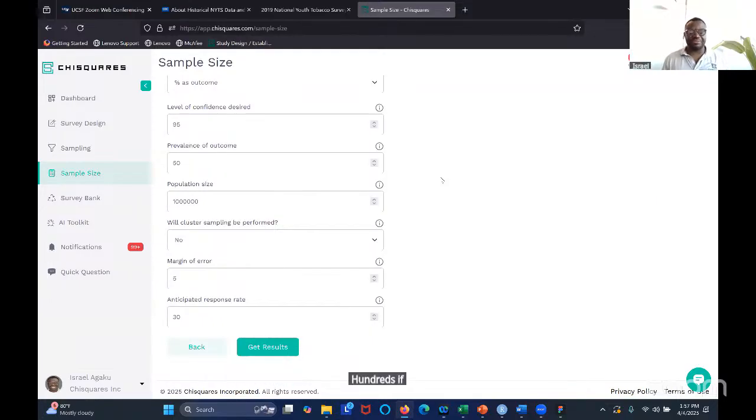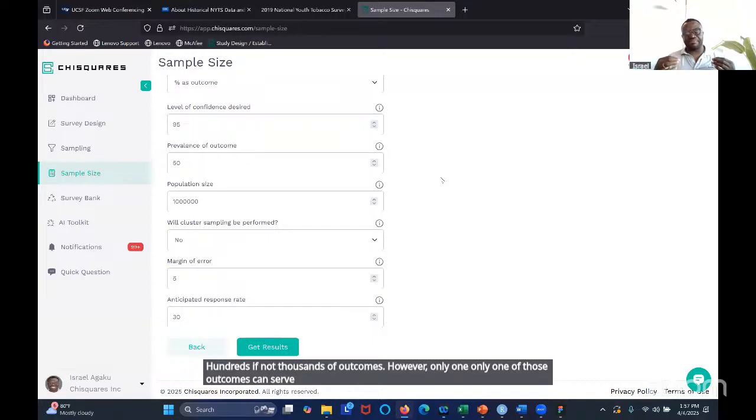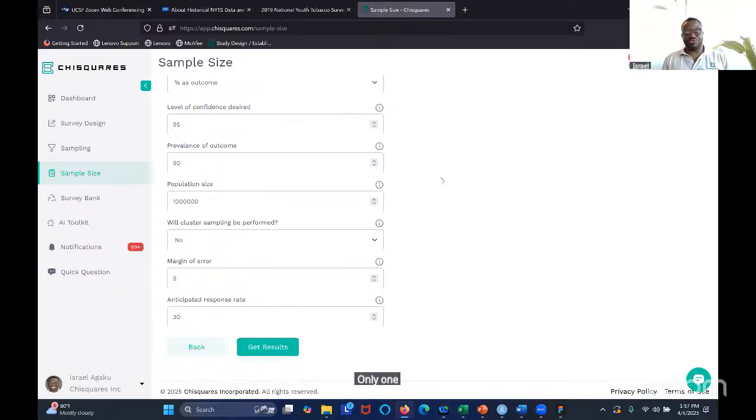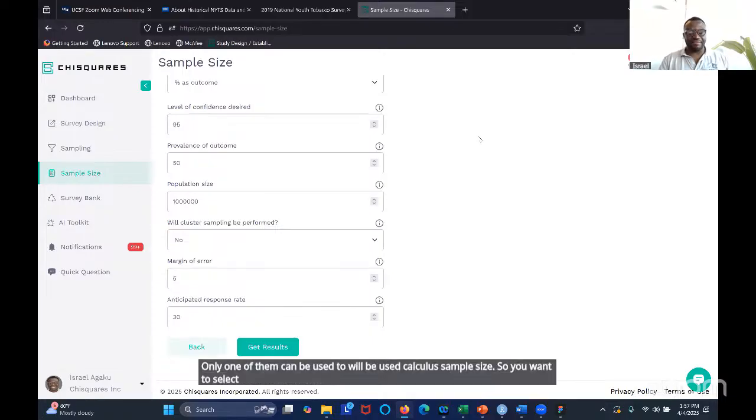However, only one of those outcomes can serve as the benchmark for sample size calculation. It doesn't matter whether you have 1 million variables, only one of them will be used to calculate sample size. So you want to select that variable very carefully.